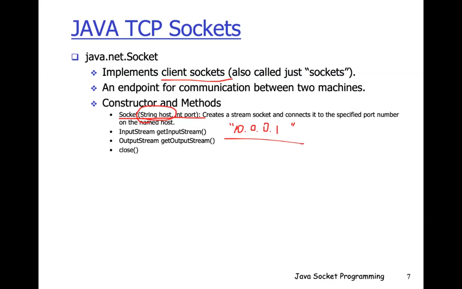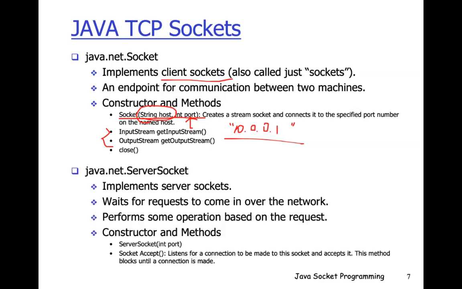Or you can use 3w.hpu.edu as the host name if you want to connect to the web server. The port is the TCP port. When you connect to the passive server socket, you can use input stream and output stream to read and write through the socket.